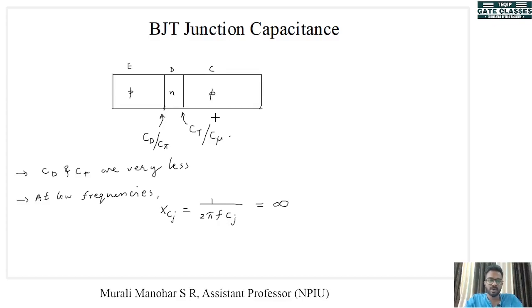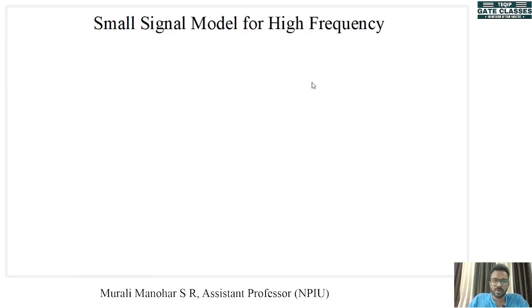Now when we talk about small signal high frequency analysis, at high frequencies this XCJ will have finite values. So we have to consider XCJ, that is the junction capacitance, as well in the analysis. Now we can do the small signal model for high frequency. We have the pi model. The pi model looks like this. Here we have R pi.